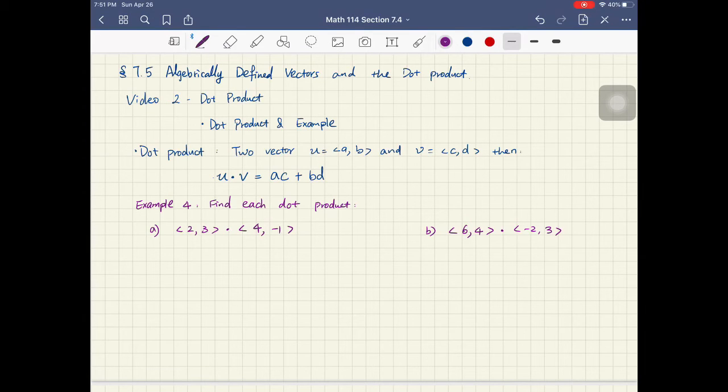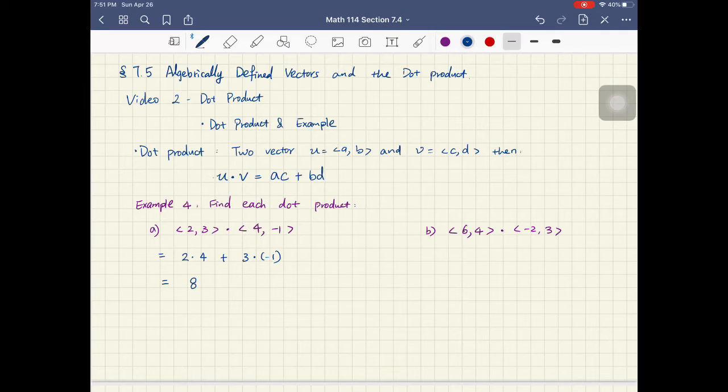Here are two examples. Example 4: we're going to find the dot product for the following. A, we have the vector 2, 3 dot 4, -1. We're finding the dot product between those two vectors. To find it, we multiply a times c plus b times d.